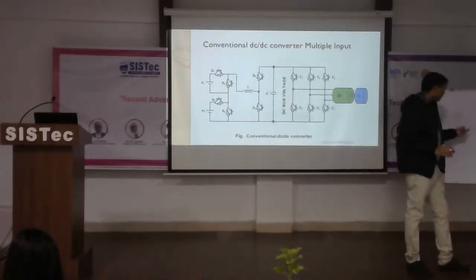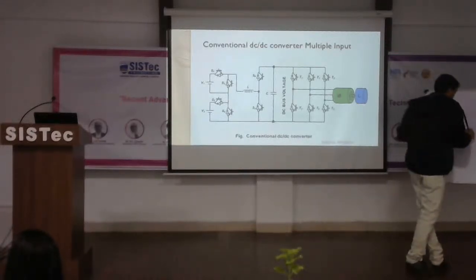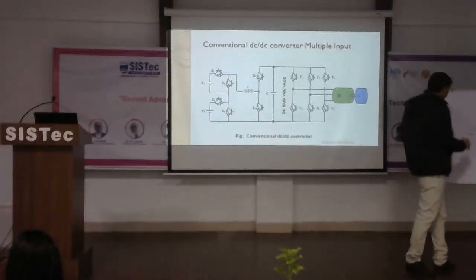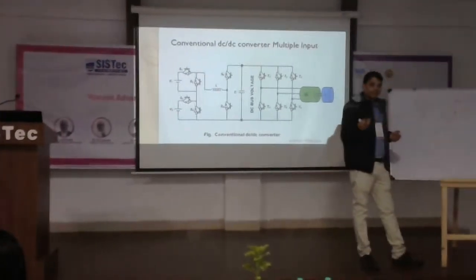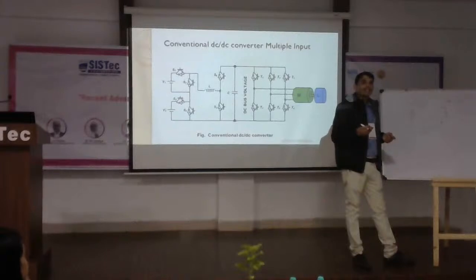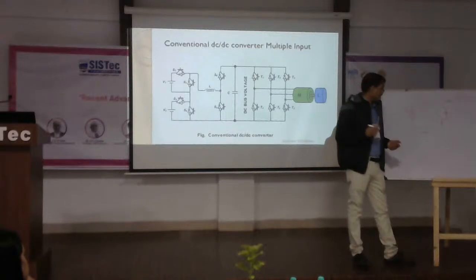So how can we get a variable DC across the load? Simply, theoretically, when you provide the pulse, and the pulse is a simple pulse, as per your requirement you can vary the bandwidth or duty cycle of this pulse and get a variable voltage.